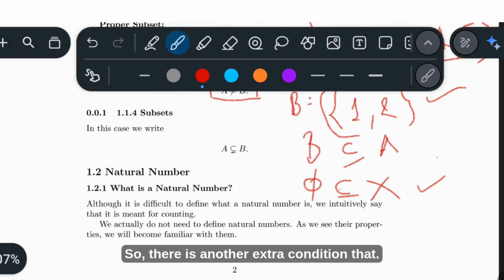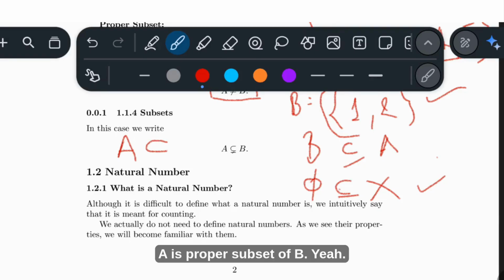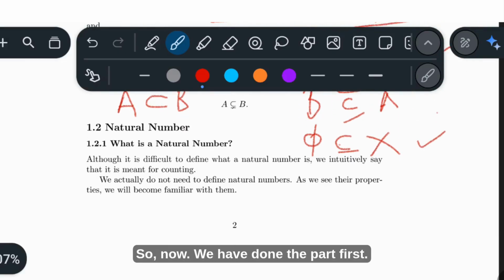So there is an extra condition that A should not be equal to B. We can say that A is a proper subset of B, and we write it like this. Yeah, so now we have done the first part.